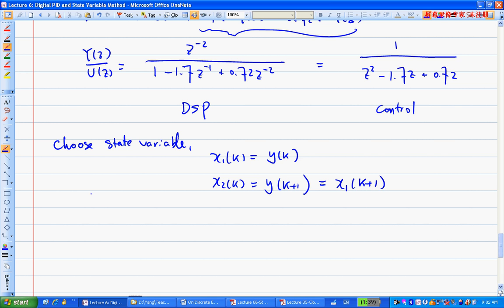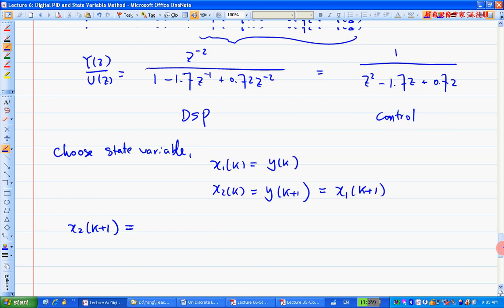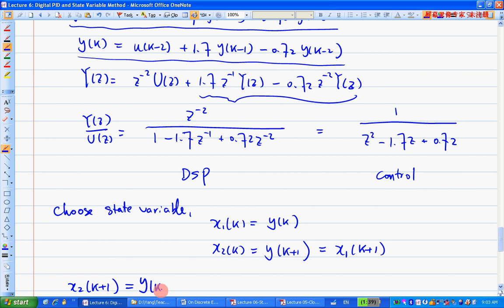Based on the second state variable, if x2 of k equals y of k plus 1, then what about x2 of k plus 1? x2 of k plus 1 will be y of k plus 2. And what is y of k plus 2 then?